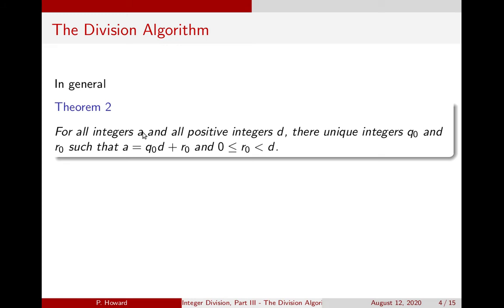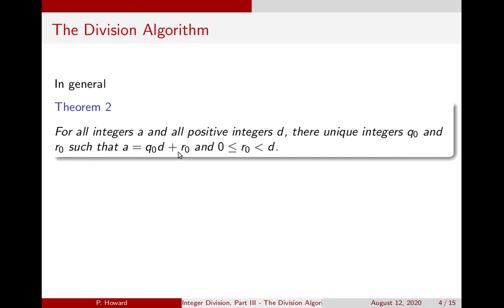And here is the statement of the division algorithm, which is really a statement of a fact. It's a theorem. For all integers a and all positive integers d, you can divide a by d and get a quotient q0 and a remainder r0.